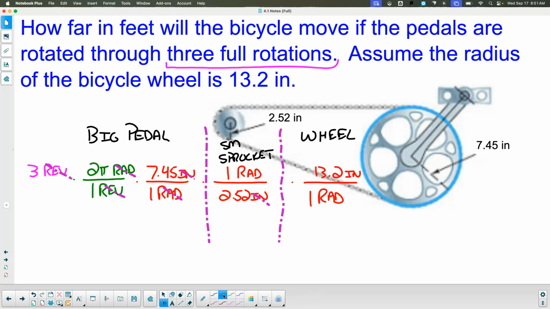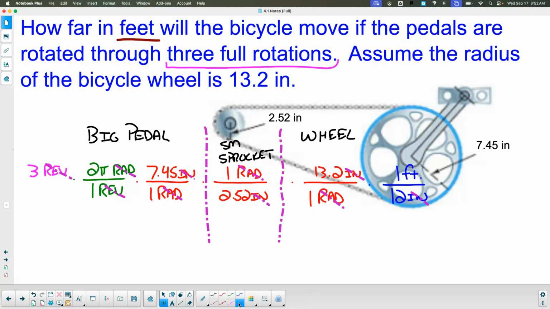We want it to be in feet at the very end. So I need to switch my inches into feet. Radians cancel out radians, inches cancel out inches. I'm left with just feet.